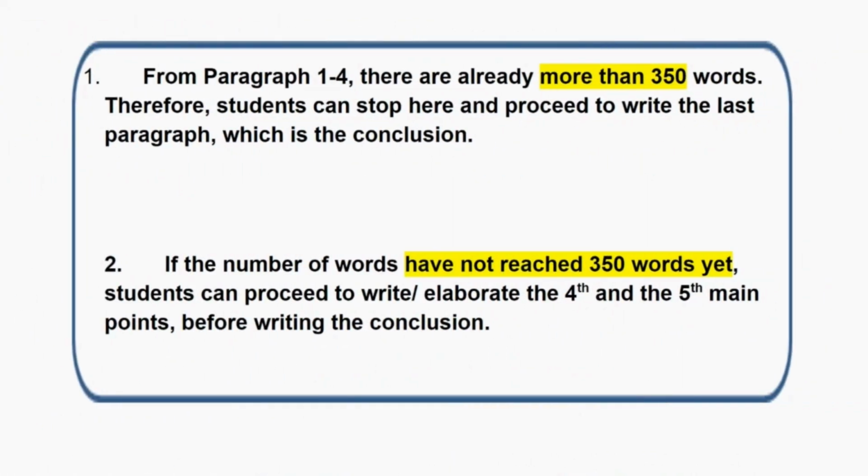From paragraph 1 to 4, there are already more than 350 words. Therefore, students can stop here and proceed to write the last paragraph, which is the conclusion. If the number of words has not reached 350 words yet, students can proceed to write or elaborate the fourth and the fifth main points before writing the conclusion.